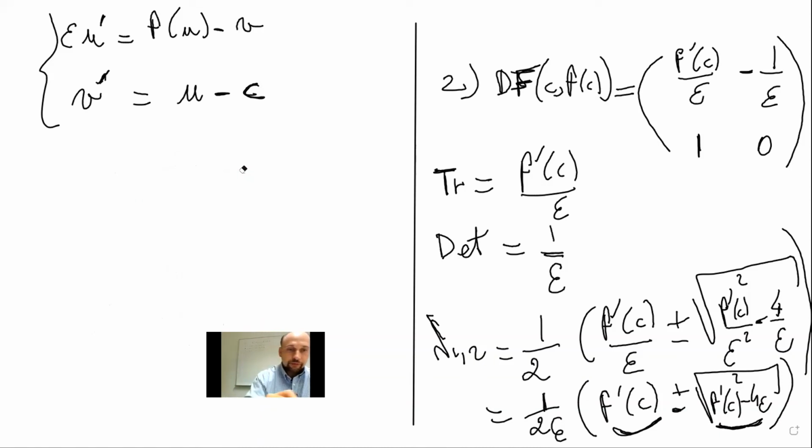that if f prime of C is negative, which means that the stationary point, I can write it U star V star, is a sink.